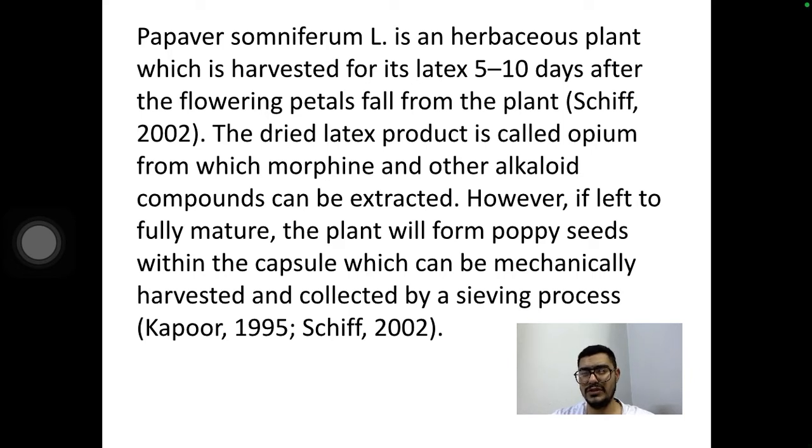It's the important product obtained from the ball that is shown in the picture, from which morphine and other alkaloid compounds can be extracted. However, if left to fully mature, the plant will form poppy seeds within the capsule, which can be mechanically harvested and collected by a sieving process.